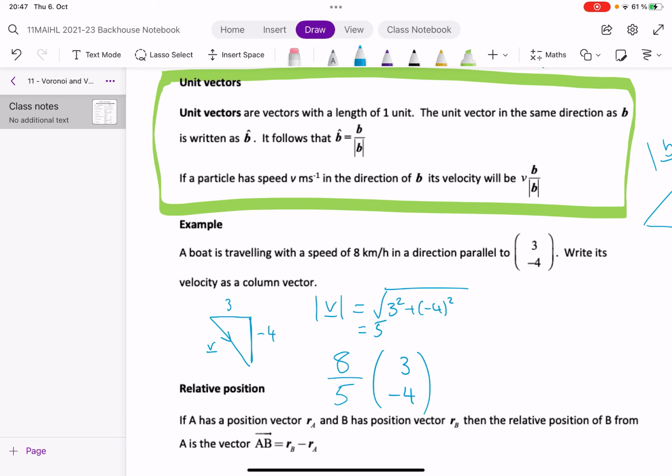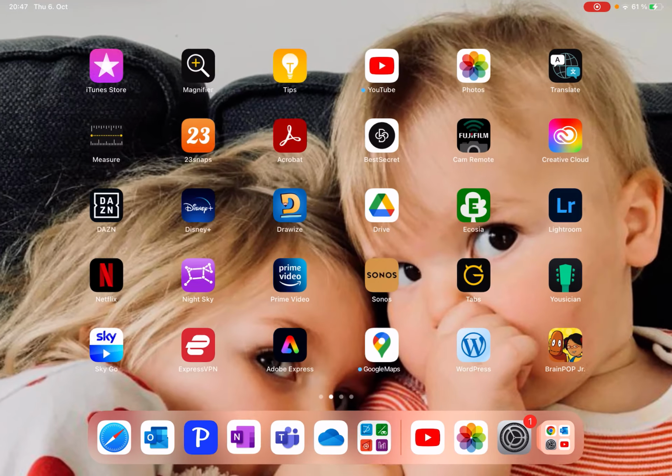So there we go. We're going to have to multiply 8/5 by our direction vector, and that will get the actual vector that the boat's traveling along at the correct speed. And of course, we can calculate what all of that is. 8/5 times 3 and 8/5 times -4.